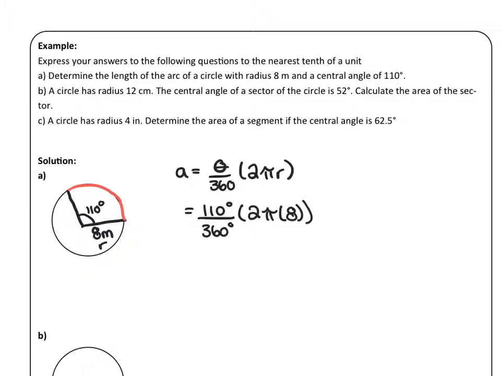And then all you have to do is calculate it. 110 over 360 is 0.30555, and it repeats. 2 times pi times 8 is 50.2654.